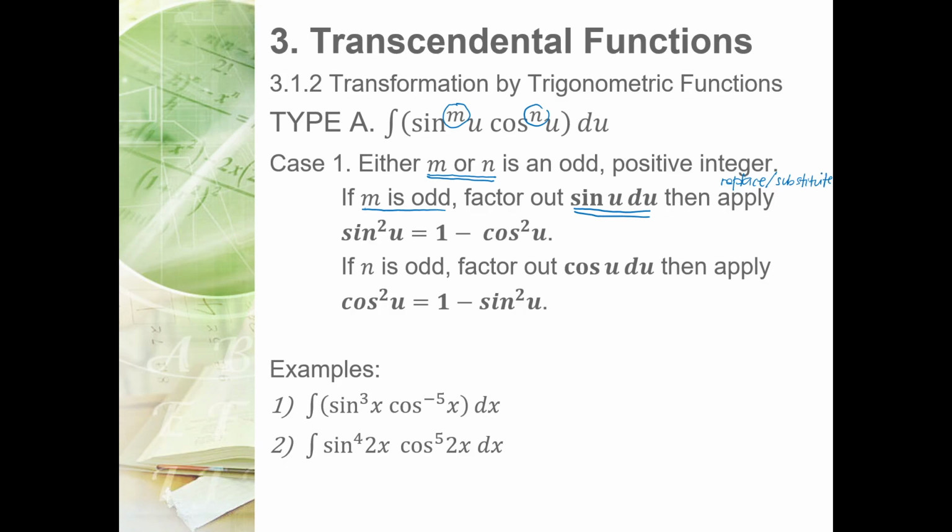Now if n is odd, the exponent of the cosine function, that's the reverse of the statement earlier. So instead of sine u du, we factor out cosine u du, and then substitute cosine squared u is equal to 1 minus sine squared u.